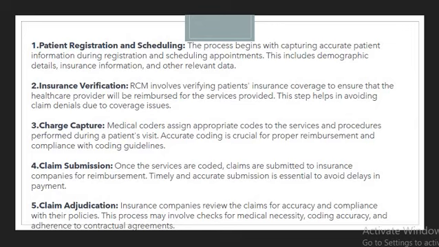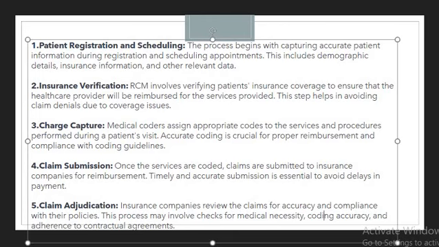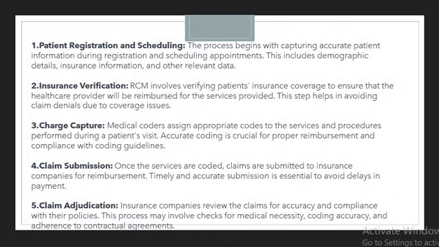So the claim adjudication process covers all this. These are the five points that are considered the components of revenue cycle management.